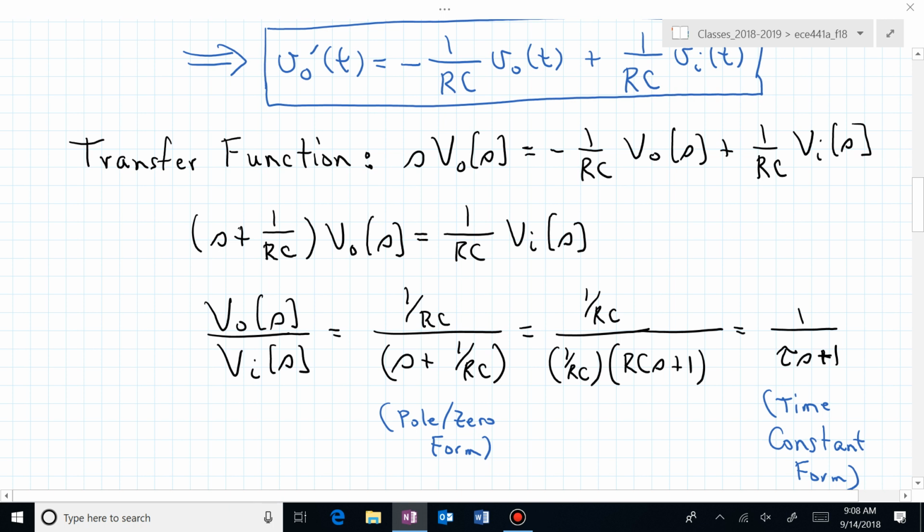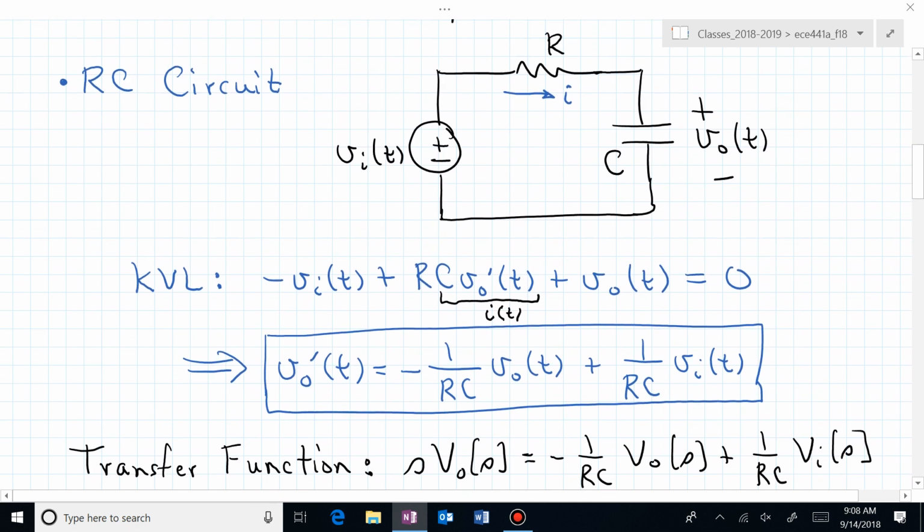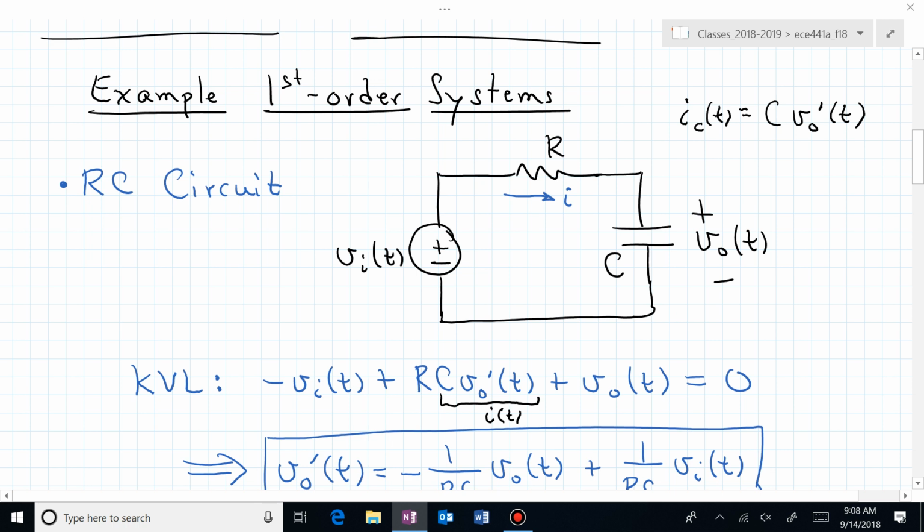We've modeled it in the time domain. If you didn't want to think about an all integrator block diagram or a differential equation, you could have immediately moved into the frequency domain and drawn an S domain circuit.